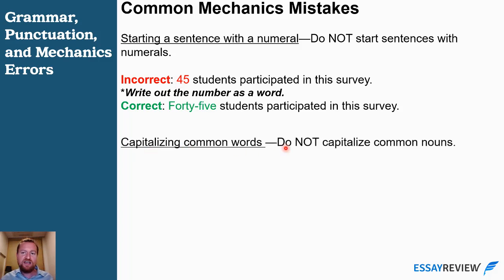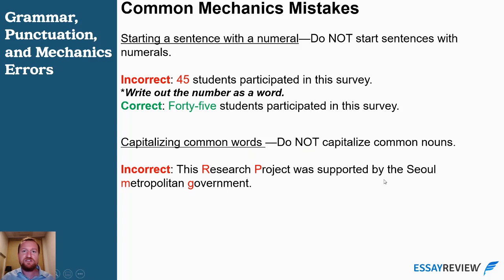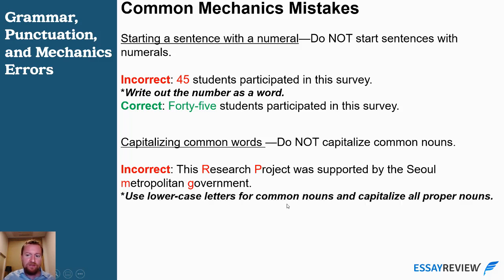Capitalizing common words. Do not capitalize common nouns. This happens a lot with ESL students who don't understand how to capitalize nouns. So in this case, this Research Project was supported by the Seoul Metropolitan Government. The research project is generally, it's common, right? Even though you're talking about a specific one, that's not the name of the project.